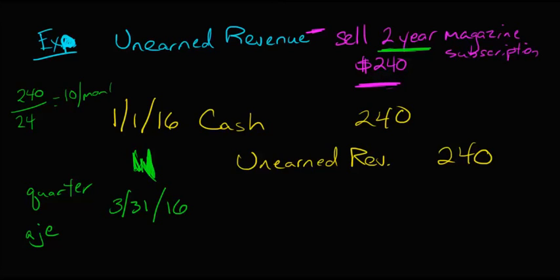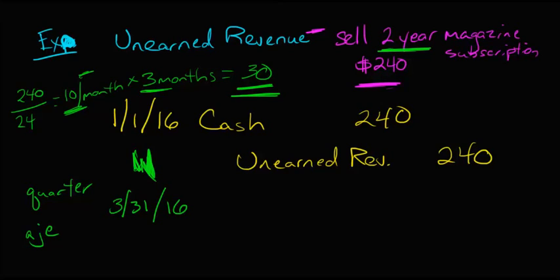That's what we recognize every month. But 3 months have gone by, not just 1 month. So we're recognizing this at a rate of $10 a month, but we haven't recognized it yet, and it's been 3 months. So we multiply the $10 a month times 3, and that gives us an adjustment of $30.